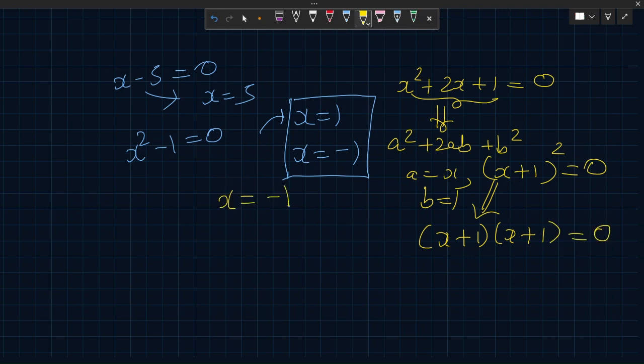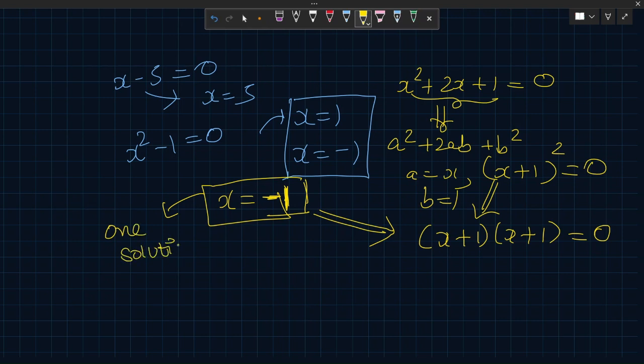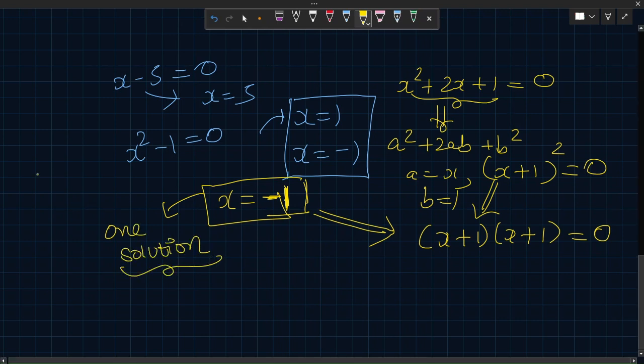So only if x is minus 1 does the equation become 0. Otherwise, the equation does not become 0. So this equation has only one solution. So a quadratic equation at max can have two solutions.